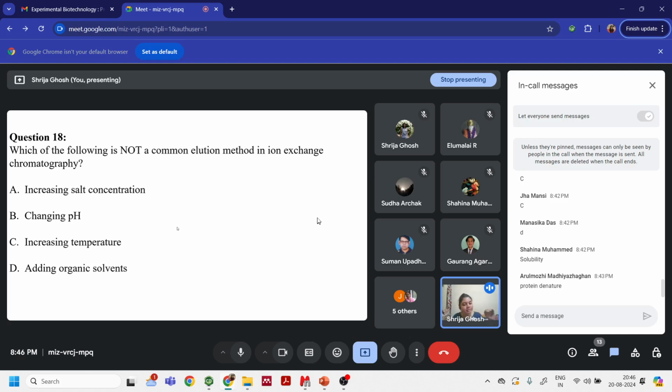So that is the reason why solubility issues and protein denaturation happen, but the factor that is affecting them is basically the polarity. Okay, so do you understand?